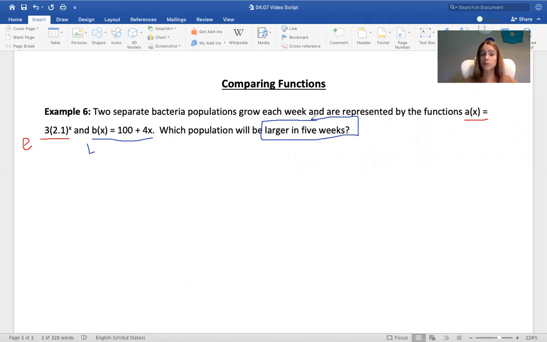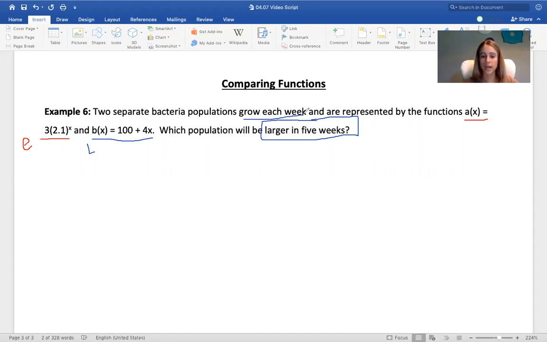All right, so I'm going to compare. That means I'm going to have to solve both of these for 5 weeks so I can know whether my a of x function, which is my exponential function, is larger, or my b of x function, my linear function, is larger. Now, it says 2 separate bacteria populations grow each week.